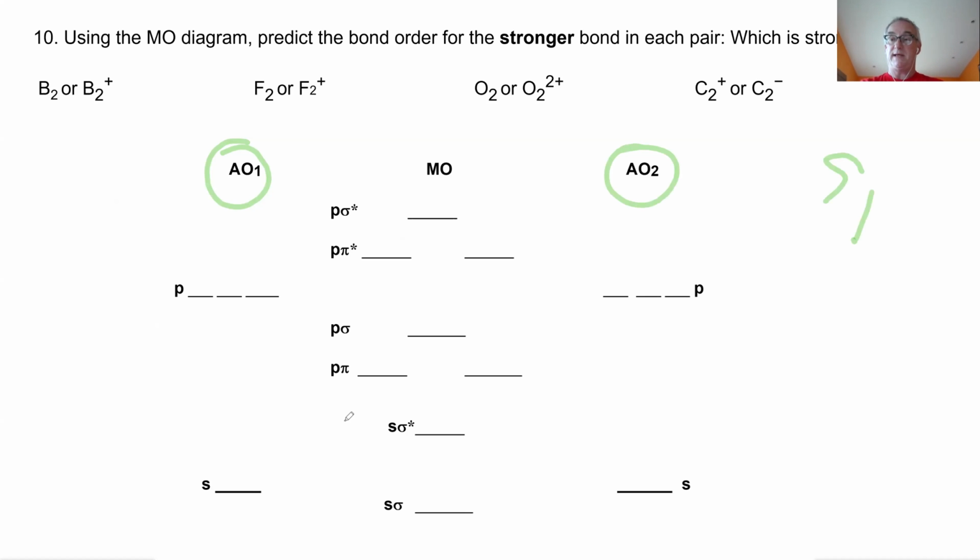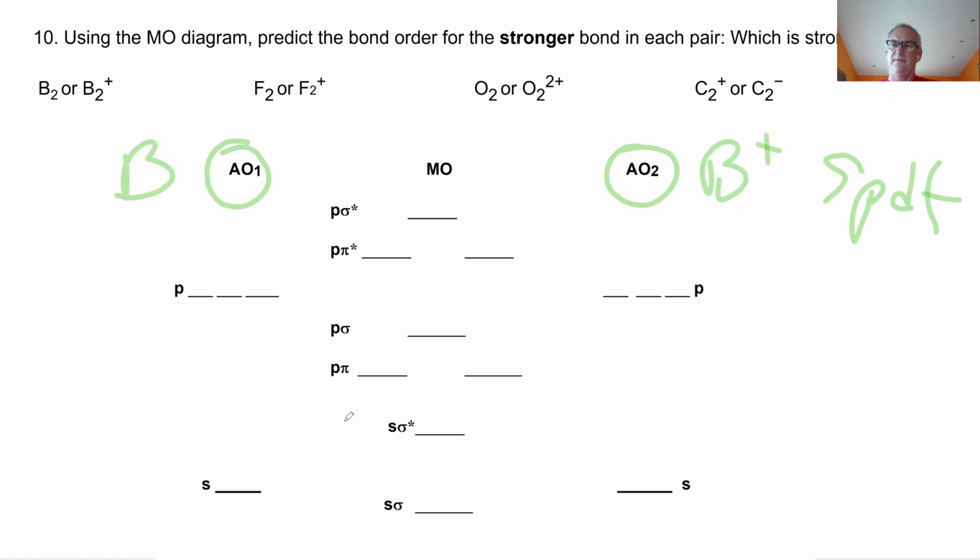Remember, those are S, P, D, and F, the ones we've come to know and love over the many, many months we've shared. Then we figure out where they go in terms of the bonding and anti-bonding molecular orbitals. So we'll put boron on one side, and boron plus on the other side.